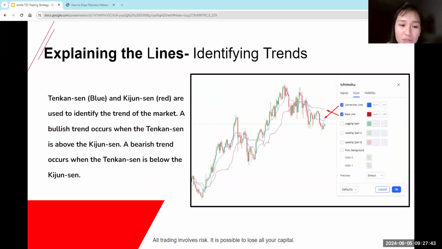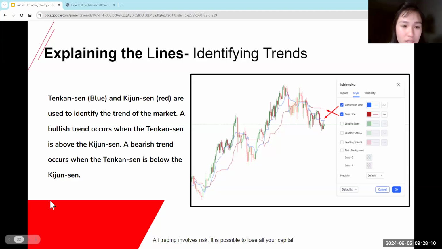Okay, so I'm not going to try and pronounce the Japanese words. So I'm just going to describe the colors, but of course, the colors might be different depending on what software you use. So here we are using TradingView. The screenshot over here is from TradingView. That's why we are going by those colors. So blue and red are used to identify the trend of the market.